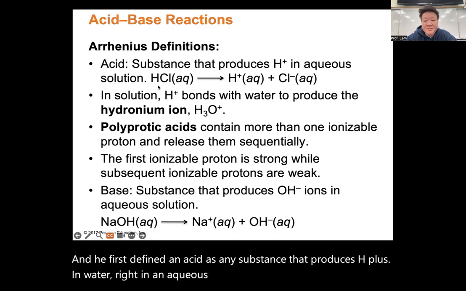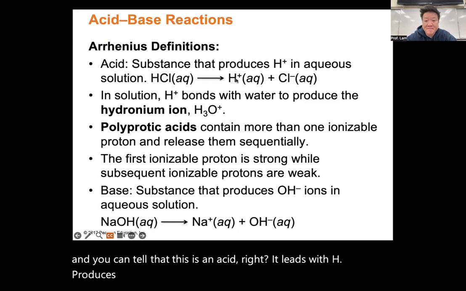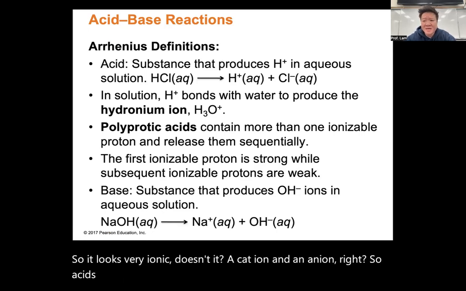So something like HCl, you can tell that this is an acid. It leads with H, produces H plus in water, and Cl minus. So it looks very ionic, doesn't it? A cation and an anion. So acids, you can think of them as ionic because the proton is positively charged.